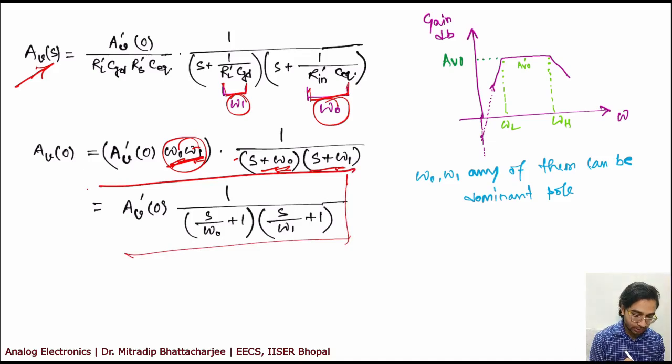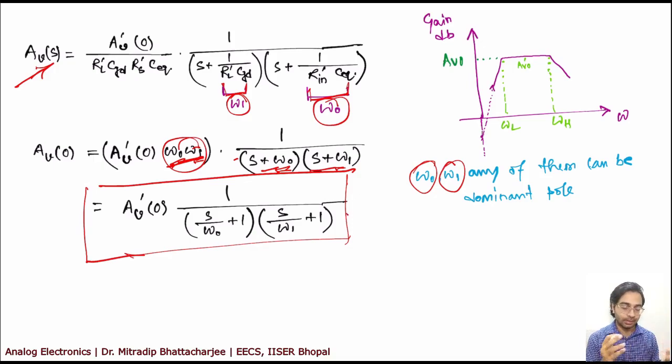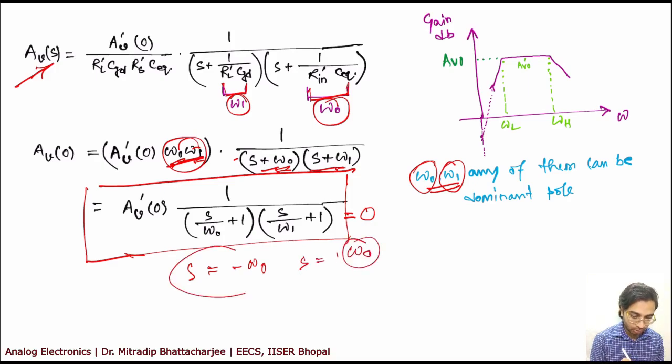So this is the simplified expression, from where you can say that you have two poles, omega 0 and omega 1. If you make the denominator 0, you will find S will be minus omega 0 or minus omega 1, whichever is the value. Then you will find these two poles are associated with the circuit that we have seen.